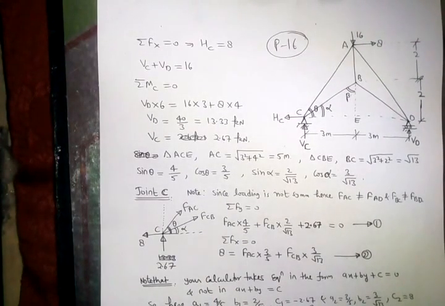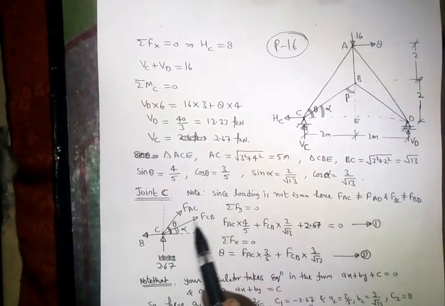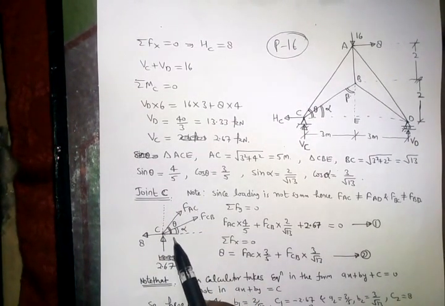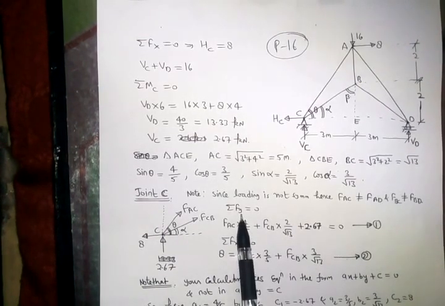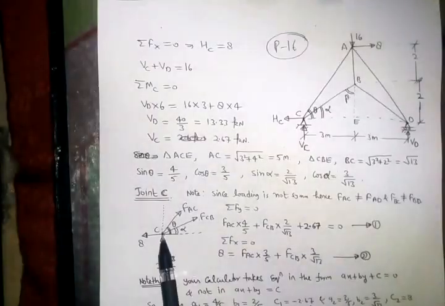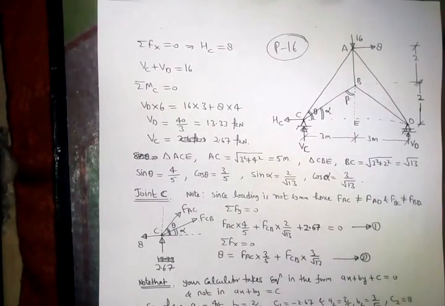So now we will consider joint C. At joint C, two members FCB and FAC. Now this is theta, this is alpha. Using method of joint, we have only two equations, summation Fx = 0 and summation Fy = 0. We write summation Fy = 0. Summation Fy = 0 means y direction, up equal to down.